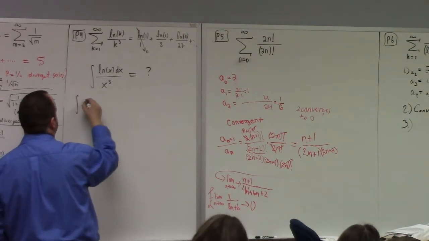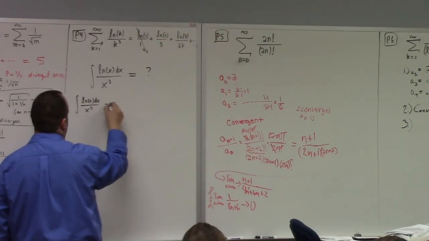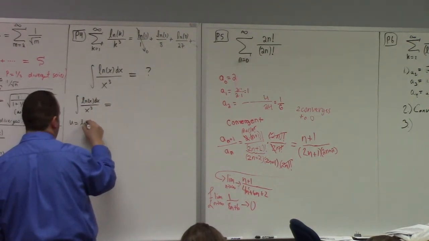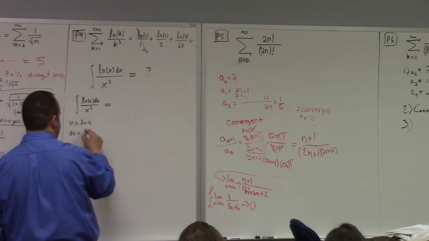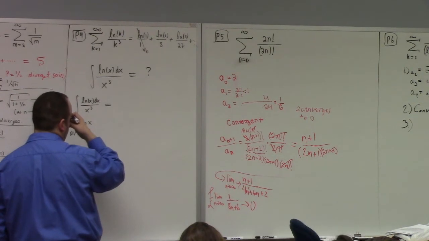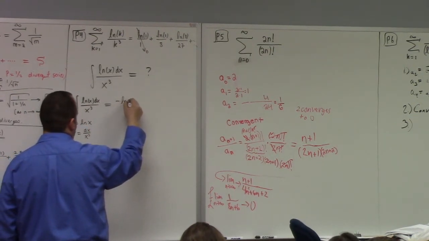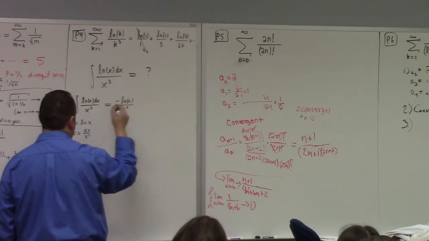Let's see here. If I trust LIATE, u equals log x, dv is dx over x cubed. So minus natural log of x over 2x squared.